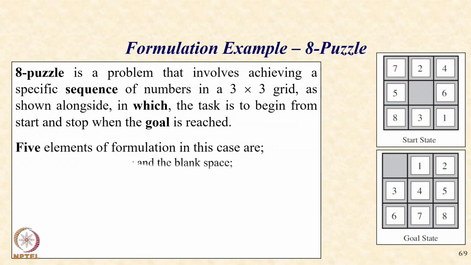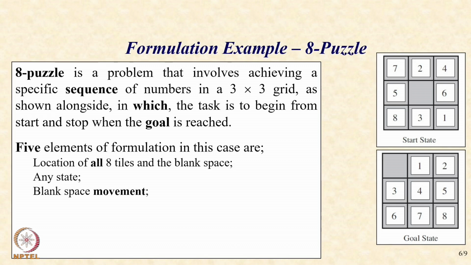In this case the 5 elements are: the location of all 8 tiles and the blank space is the initial state, that where they are defines the initial state. Any state as you take the move is nothing but a solution at each stage.